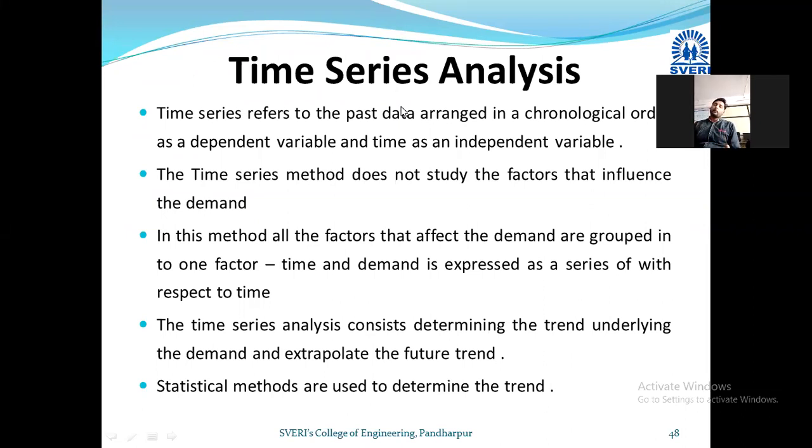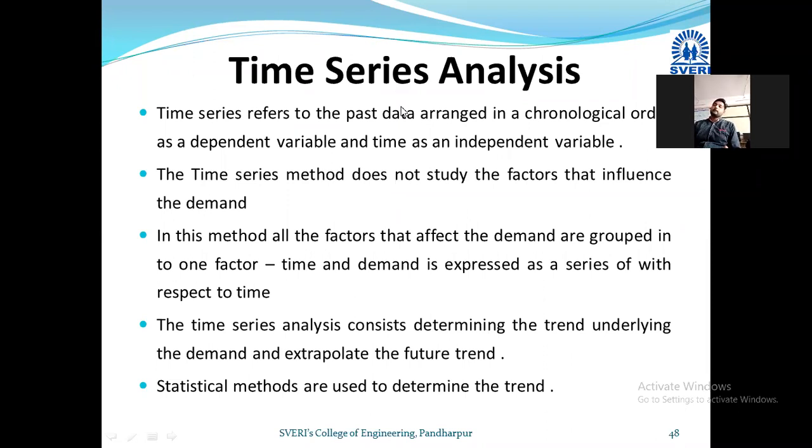If the product demand is increasing over the larger time period frame, then we can say that the trend of a product is positive in the market.